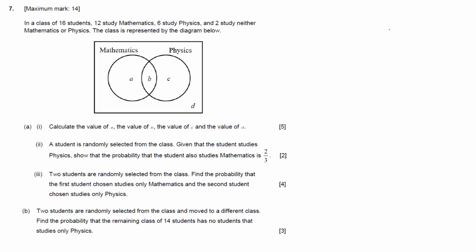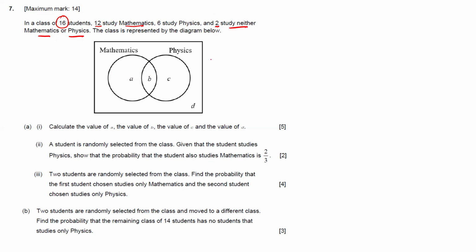Next one that we have, question 7. Again, always start by reading everything. In a class of 16 students, so the total of 16, 12 study math. Okay, it means everything on this group, including the middle one, is math. And then 6 study physics, and 2 study neither mathematics or physics. Oh, meaning that we know what's outside.